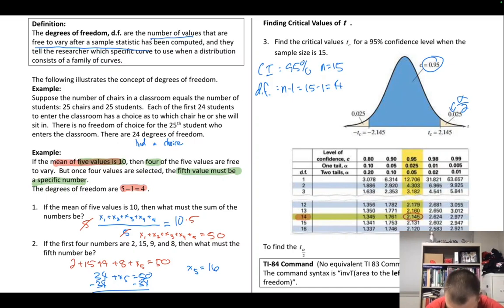Right, our degrees of freedom is 14, and then we wanted 0.95, and they talk about 1 tail and 2 tail. We'll get to that distinction. And very similar to the Z table, right, where we match those up. Same thing with our T table here, and that gives us 2.145. And since it's 2-tailed, 1 positive, 1 negative.